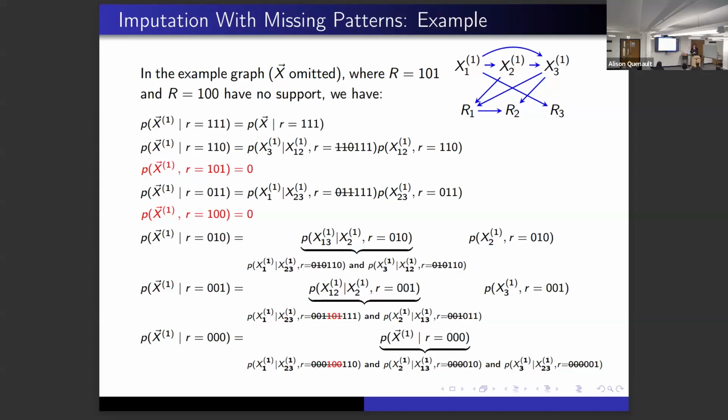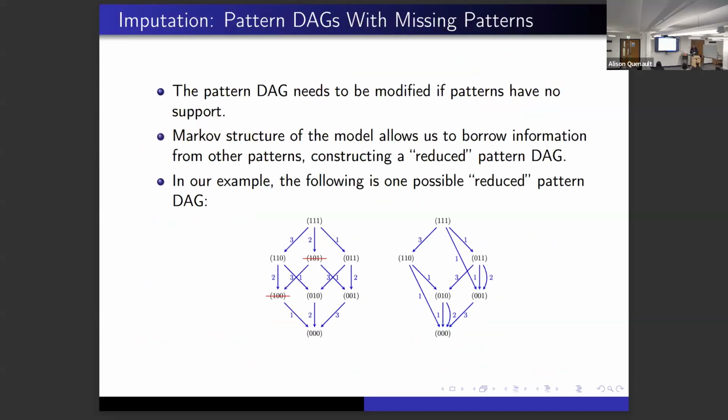And I still use independences in the graph. The pattern DAG needs to be modified if patterns have no support. So I start with a complete Hasse diagram for the partial order on subsets, and I drop things that don't have support. And I put in edges if I borrow information into this graph. So that's what we call the pattern graph. And here we have a reduced pattern graph for the previous example.